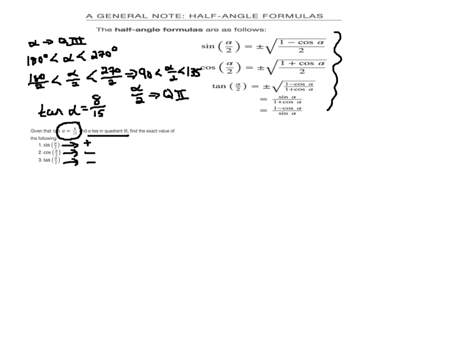But we're working with alpha over 2. So alpha over 2 actually lives in quadrant 2. Okay, good.